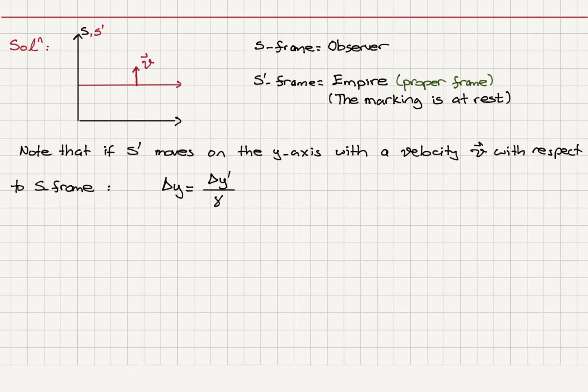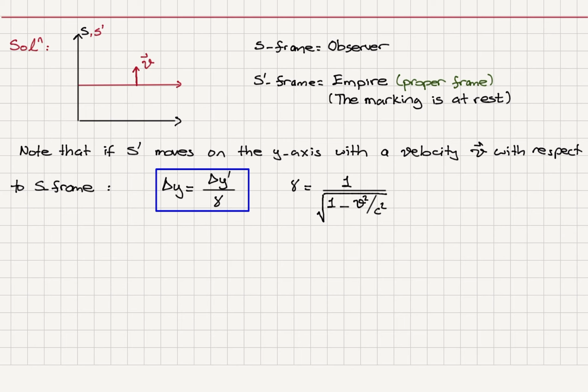All right. So delta y will be delta y prime divided by gamma. Now, what is gamma? Gamma is the relativistic correction factor 1 over the square root of 1 minus the relative speed of the two reference frames squared divided by the speed of light squared.